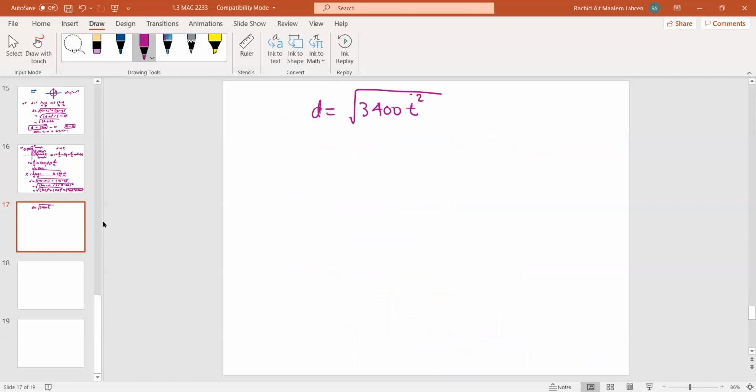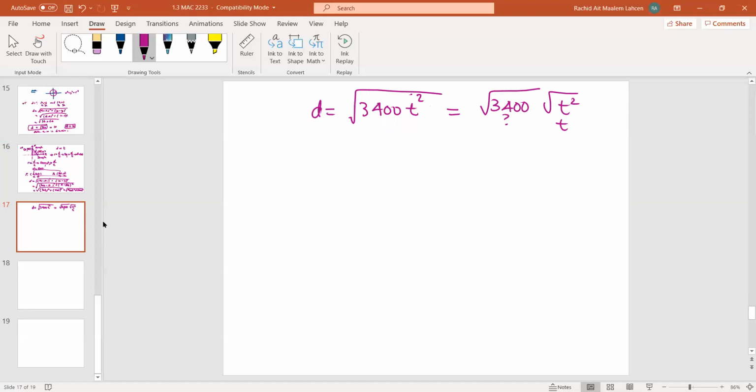Then we ask the question, is this simplified? No, because this can be written another way, as we did in the review. So we need to simplify this, and this simplifies to t.